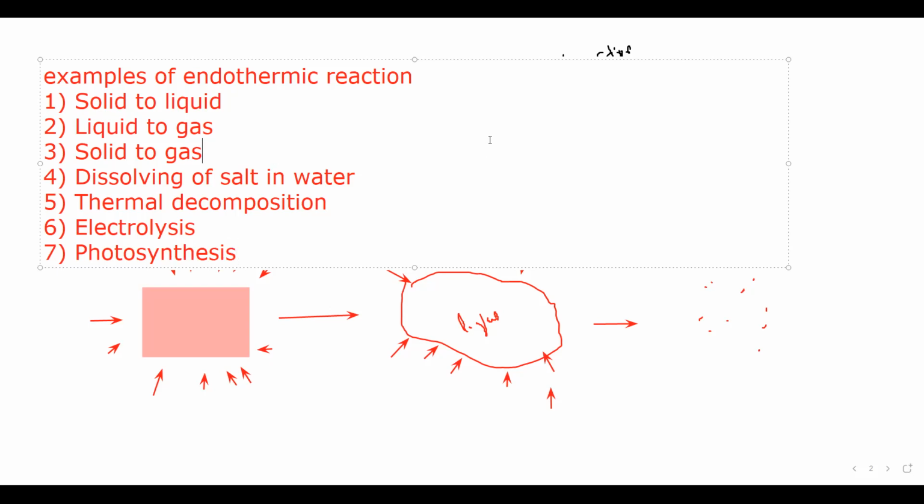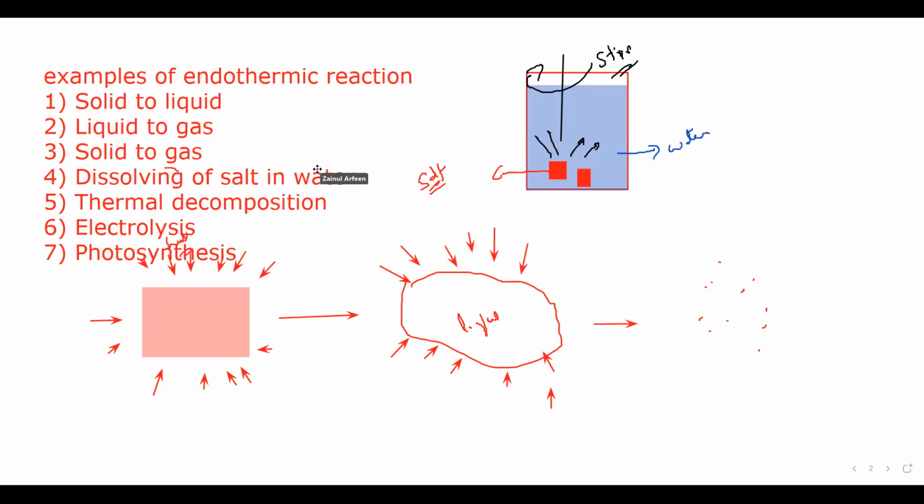Because in photosynthesis, plants absorb light energy and form their food. Glucose and oxygen are formed with the help of sunlight. So these are examples of endothermic reactions.